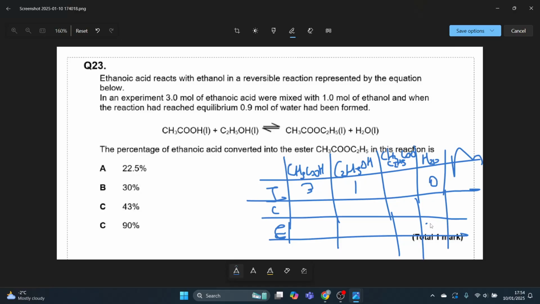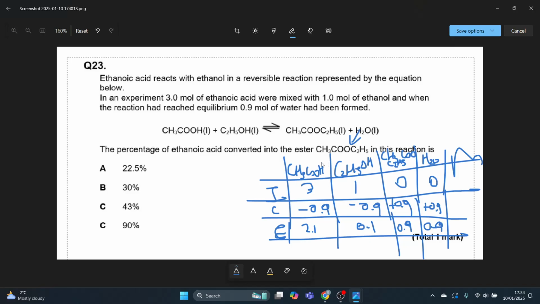So 0, plus 0.9, 0 plus 0.9, that is also 0.9 moles. In this case we're going to subtract 0.9, 0.1, subtract 0.9, 2.1. Now we've got all the equilibrium moles, but it doesn't want that. It wants the percentage of ethanoic acid converted into the ester.